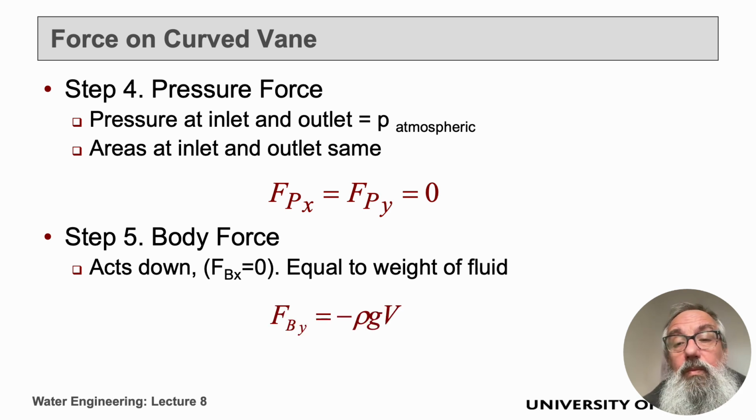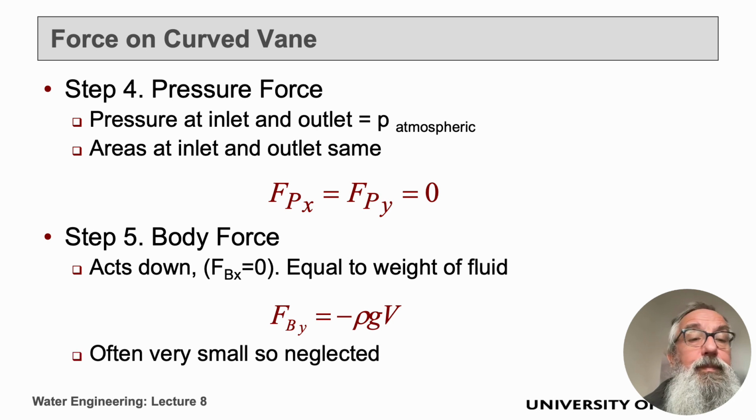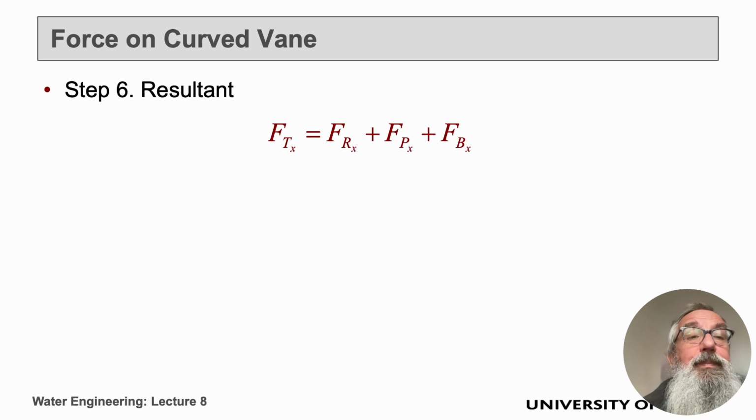Or, if it's a significant volume, we can include the weight of fluid, and it'll be minus because it's down, and the vertical axis is positive going up. Minus rho g V, where capital V represents the volume of the fluid. So we can almost neglect it.